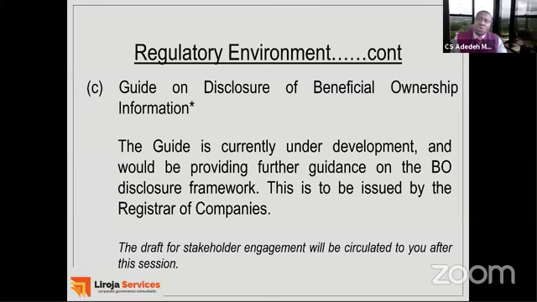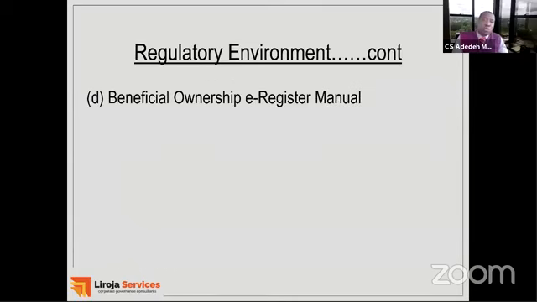It also has some template notices that members can adopt to address their compliance needs. So it is a very useful resource. It's still in draft, but the information is usable. So please take your time and go through it to find out what to do.